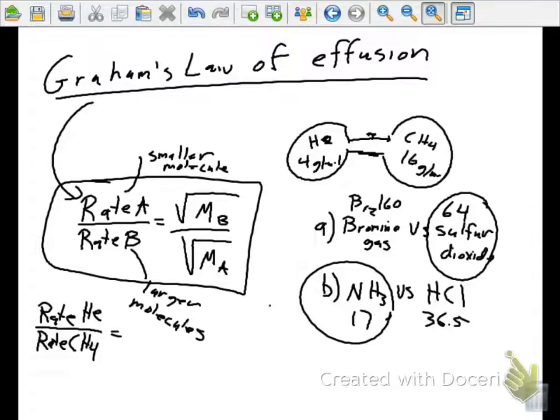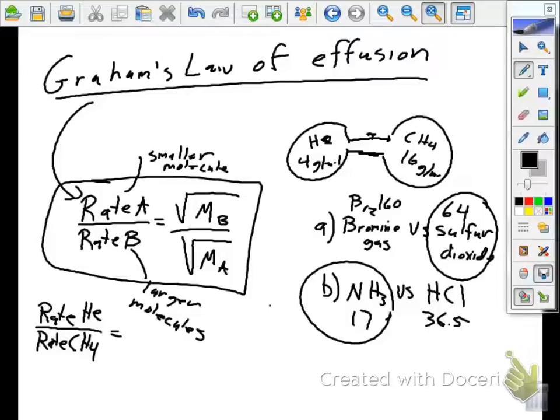So what I'm going to do up here is take the square root of the molar mass of B. Which one is B? CH4 or HE? CH4, right?